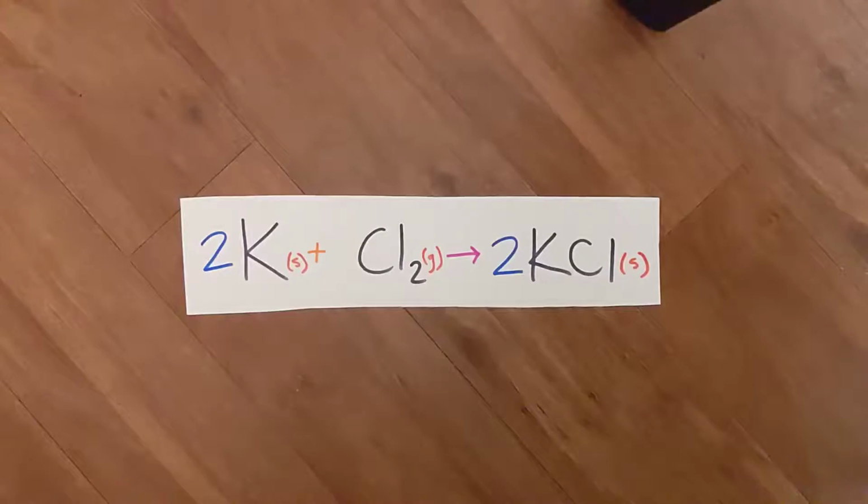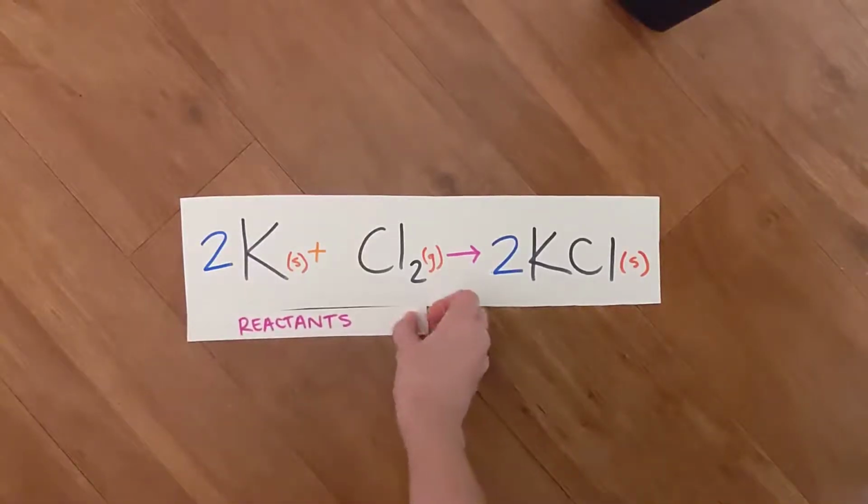Well, it should be obvious enough that the letters represent elements or chemical compounds. So these are the elements K and Cl2, well, chlorine, but chlorine is one of those diatomic gases, and KCl is a compound. Anytime we have a chemical equation, everything to the left side of the arrow is called a reactant.